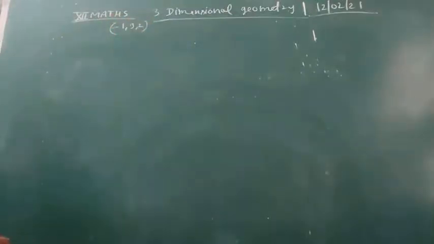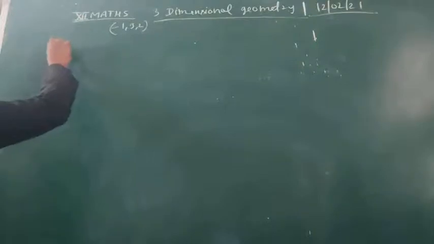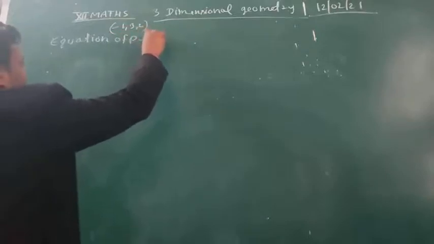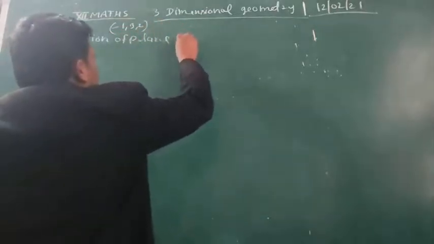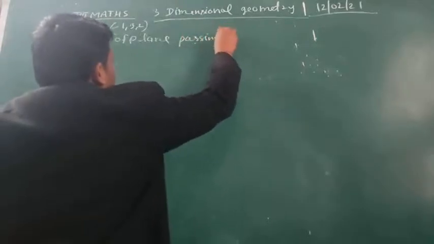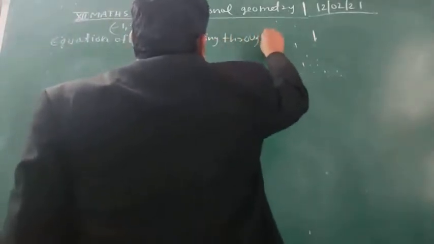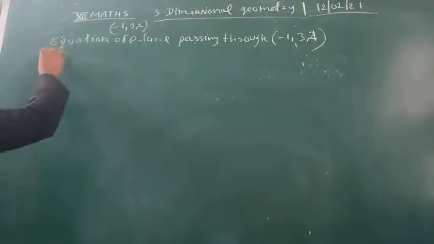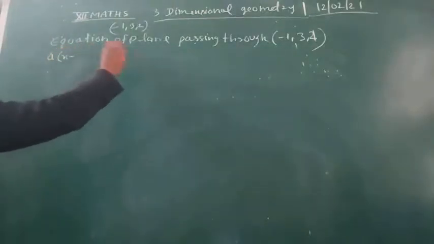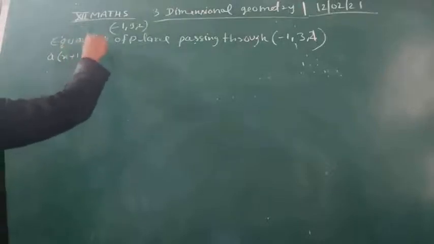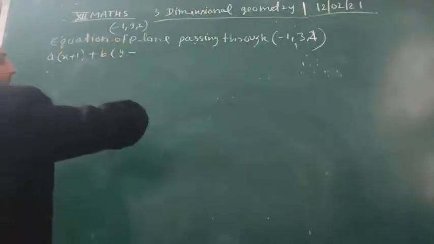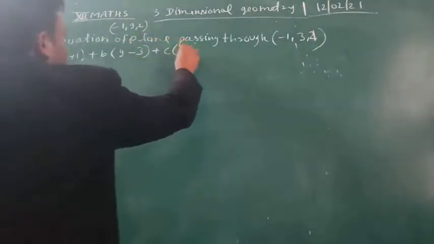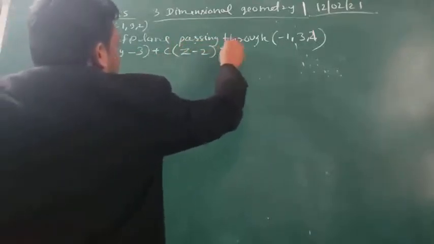Okay, students, so the equation of a plane passing through -1, 3, 2 is given by a(x minus x1) plus b(y minus y1) plus c(z minus z1) is equal to 0.